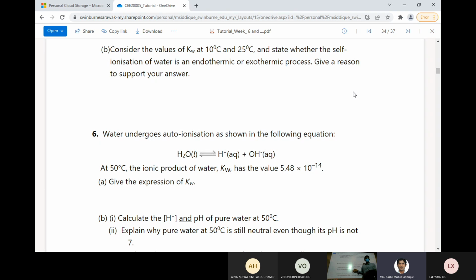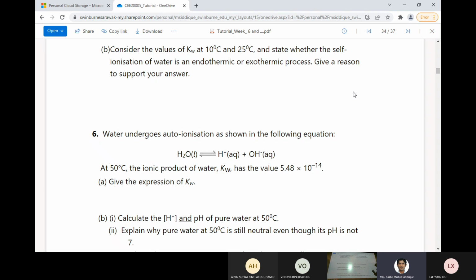So can anybody help me out to solve this problem? How can I solve this problem? It says that at 50 degrees centigrade, the ion product of water Kw has a value of 5.8 times 10 to the negative 14, right? How can I find the pH of this solution at 50 degrees centigrade?